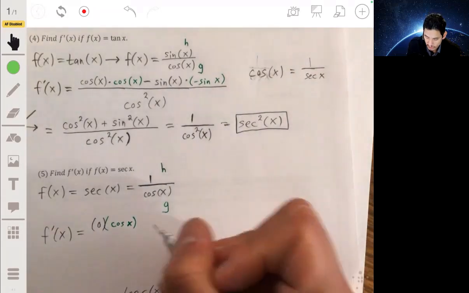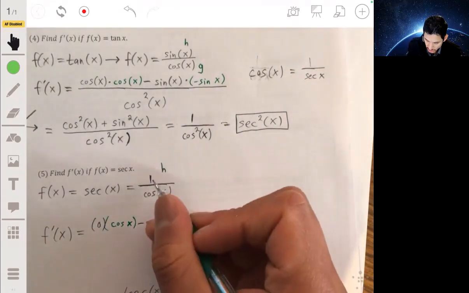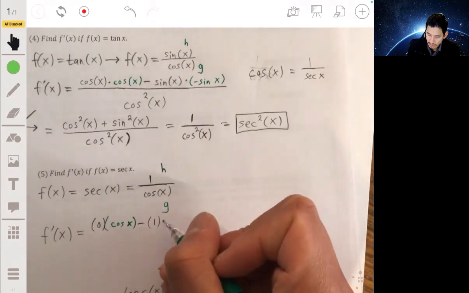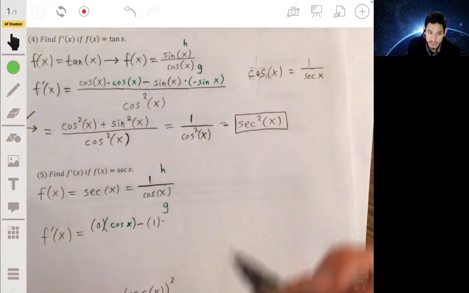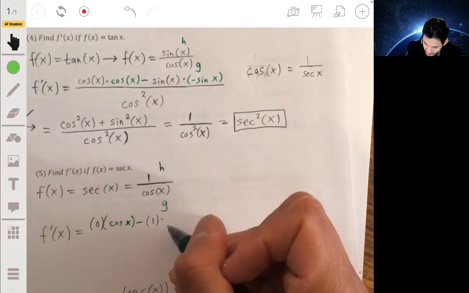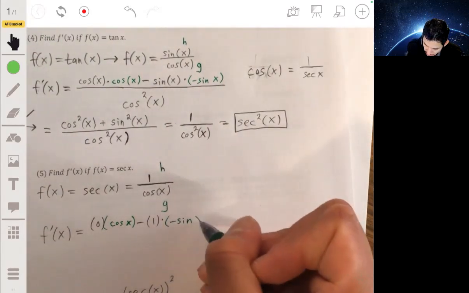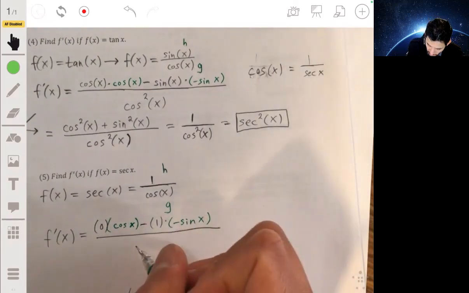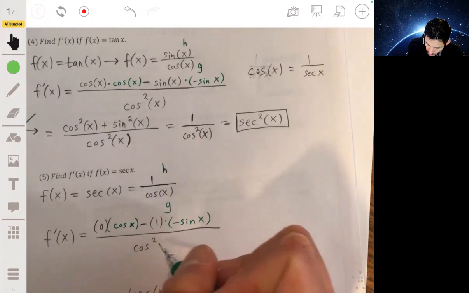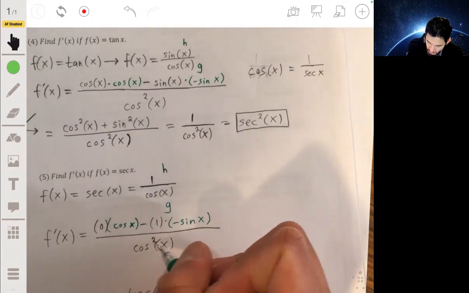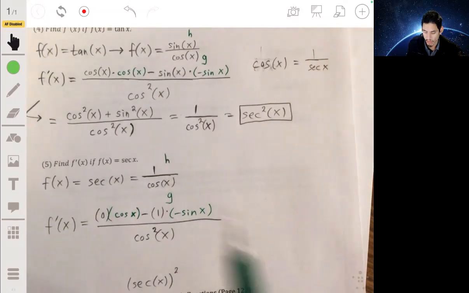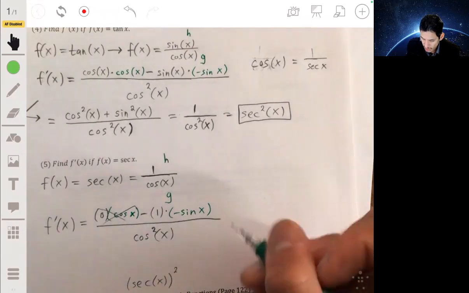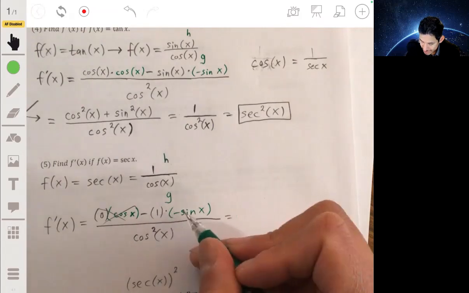And from that, we subtract h, which is just 1, times the derivative of g of x. So the derivative of g of x is the negative sine of x, all over g of x squared, which is going to make it all over the cosine function squared. Now, since 0 times that goes away, all we have left on top is sine of x.